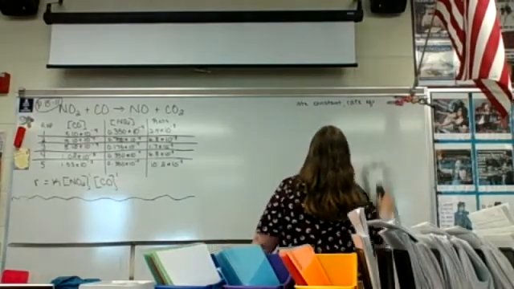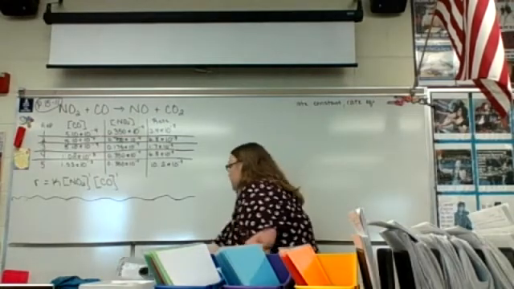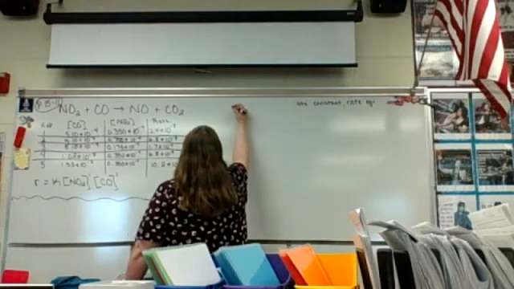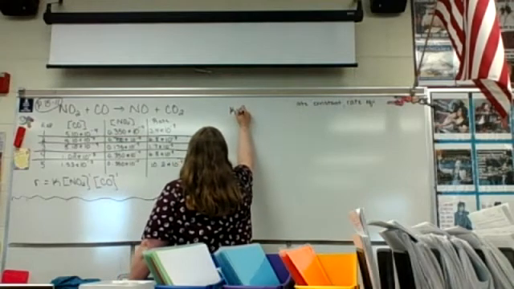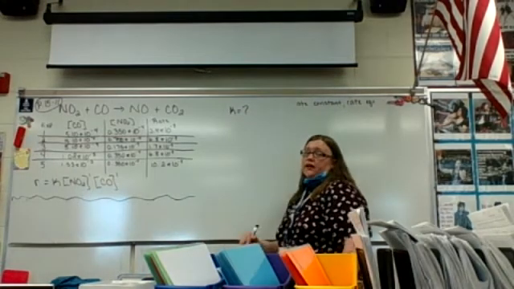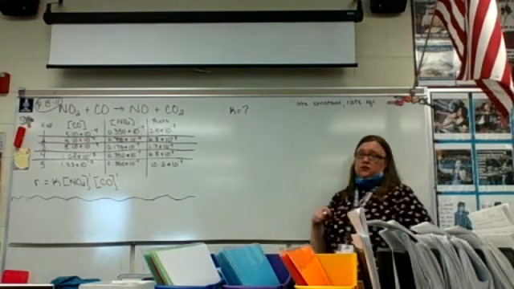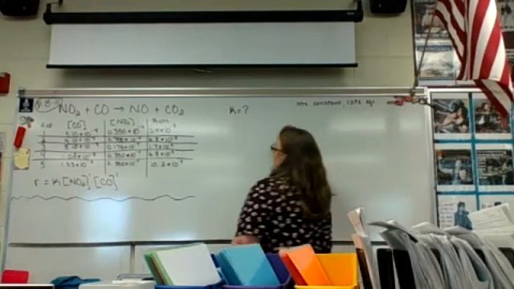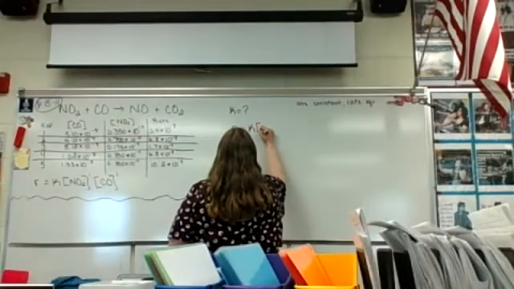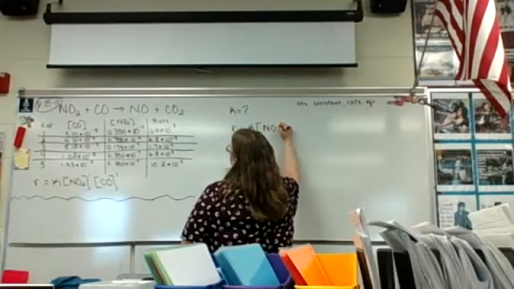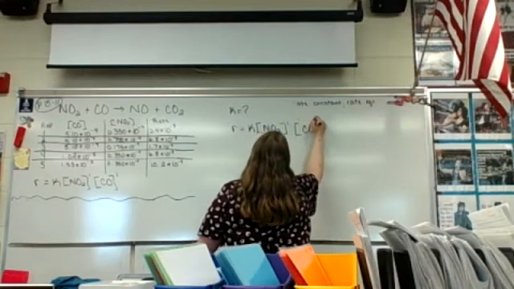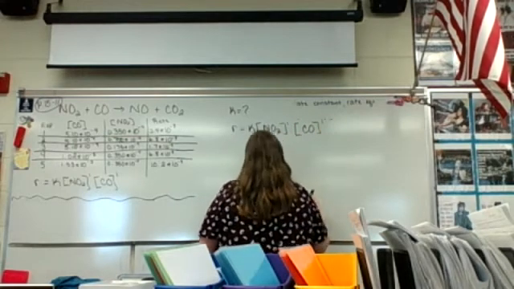we're still on A. We want to figure out what K is. That's real easy. It's just algebra and plug and chug. We know that the rate is going to equal the rate constant times the concentration of NO2 to the first times the concentration of CO to the first.